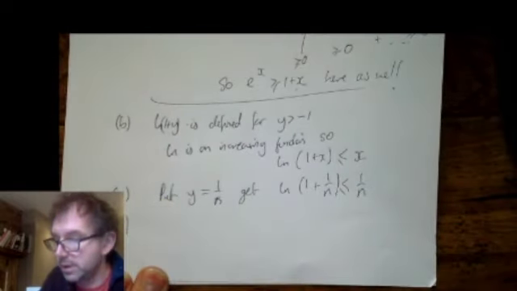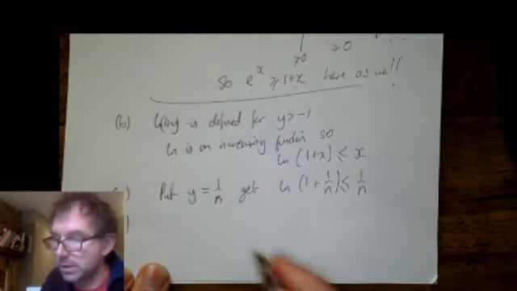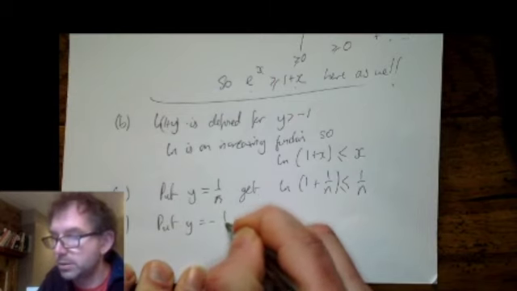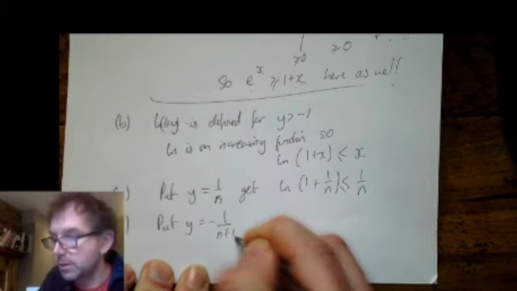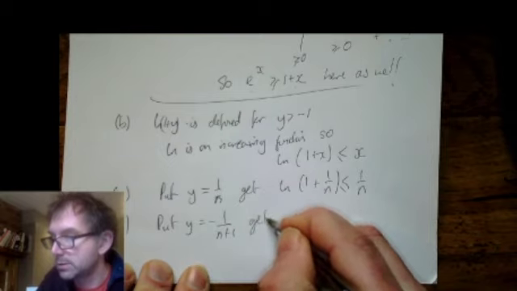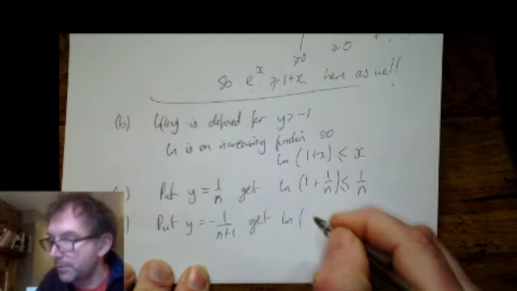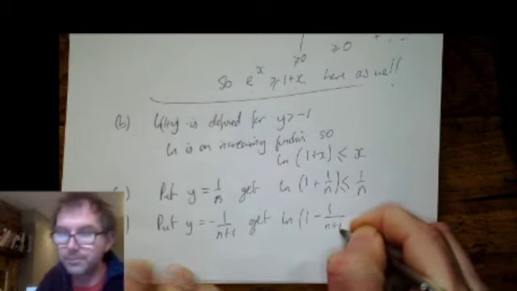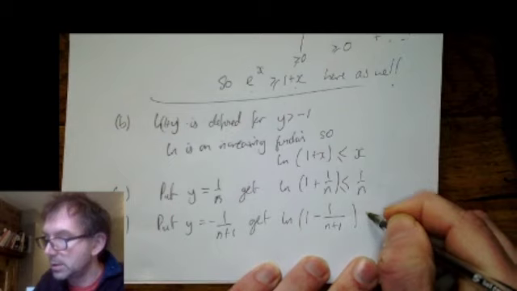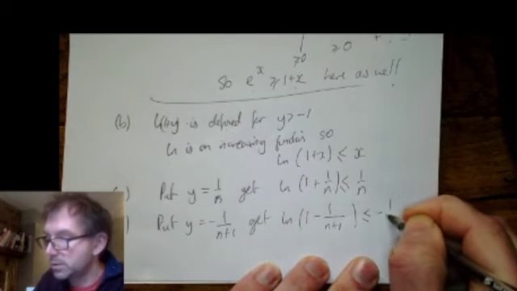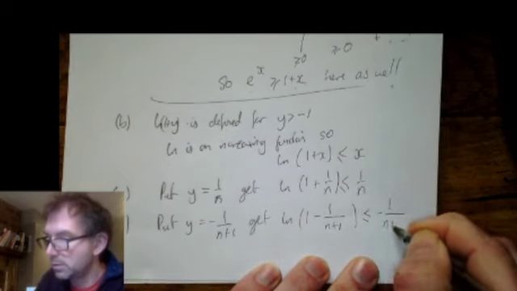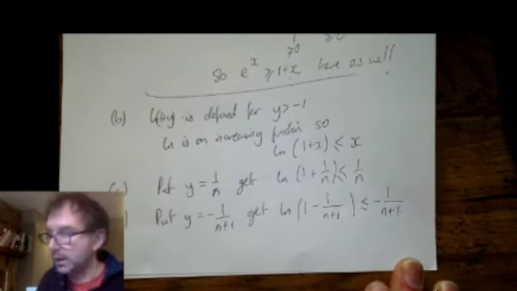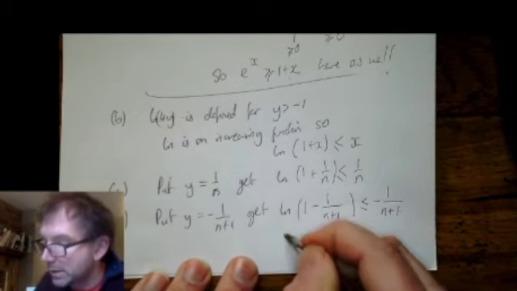And for D, similarly, we're going to put in y is -1 over n plus 1 to get log of 1 minus 1 over n plus 1 is less than or equal to -1 over n plus 1, and let's see what we get.